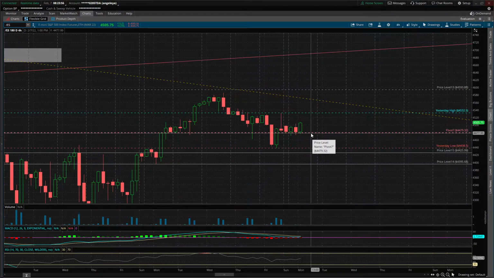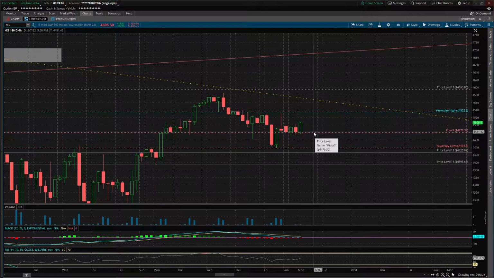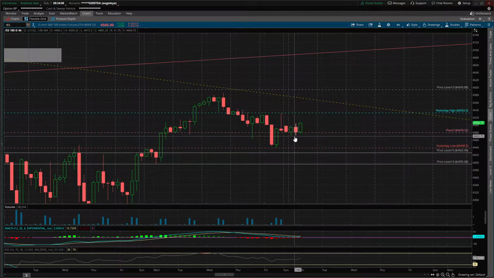And when I say watching, it just means, let's say it was 9:25, 9:30, market about to open, and we were right here. I would be waiting to see if we can come back down and then break below the pivot and actually break below some of these wicks, like probably this wick right here.